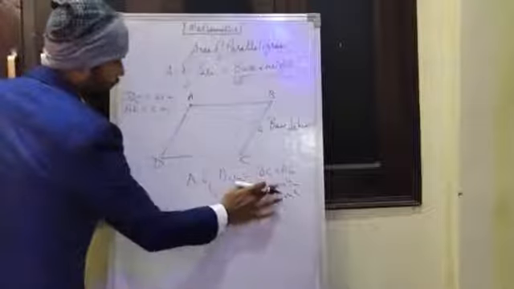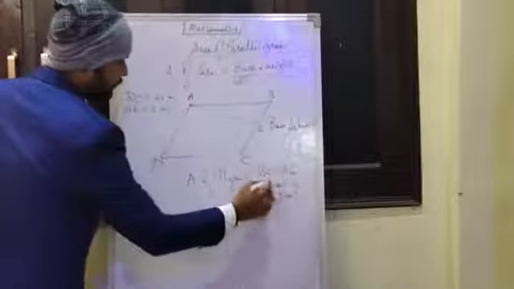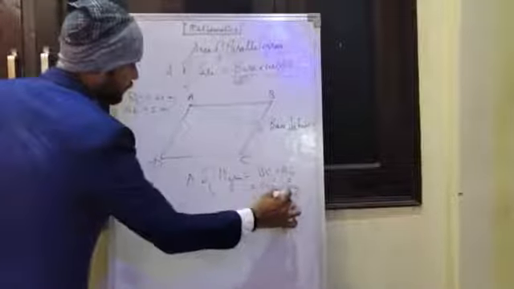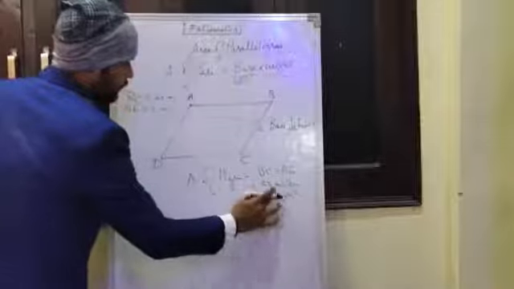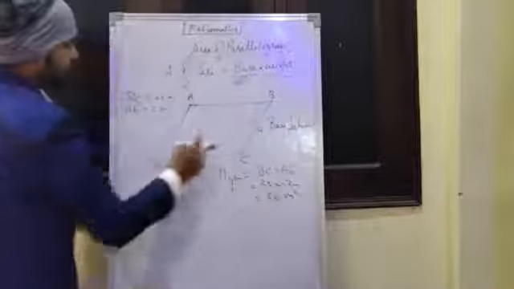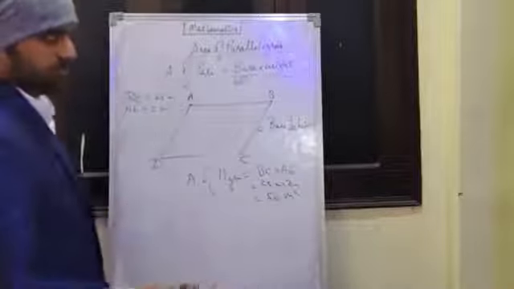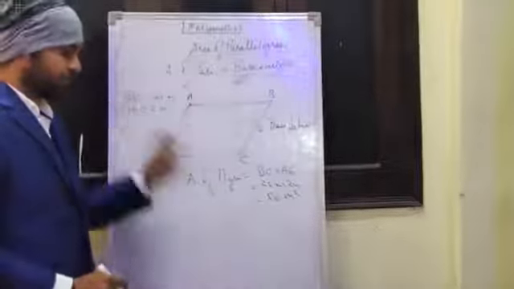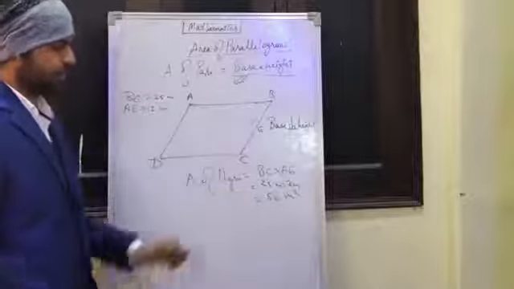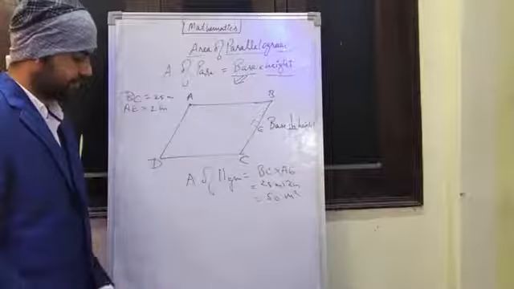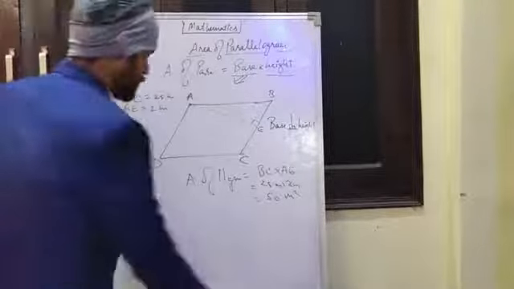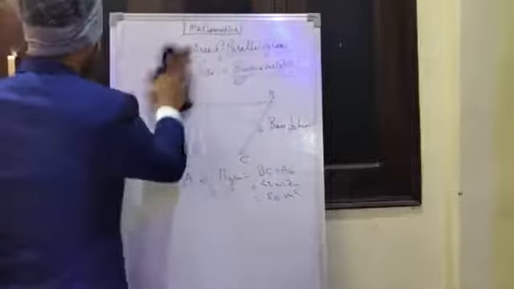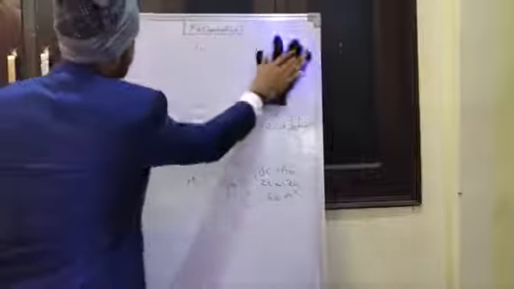So 25 into 2, that will be 50. Since the parallelogram is the same, the area should also come the same. Base and height, their values may differ, but the area should always come the same, because we are talking about the same parallelogram. Okay.